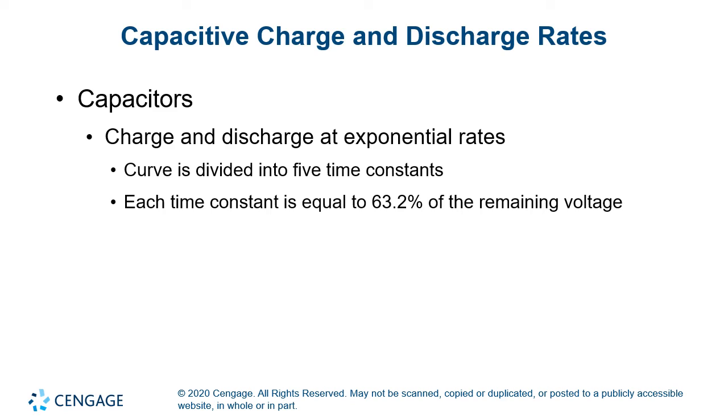So in the first time constant, you're going to change the charge by 63.2%. The next one, you're going to change it by 63.2% of what's left, 63.2% of what's left again and again. By the time you get done with the 5th time constant, it's close enough to the full voltage that we don't really have to worry about the small deviation there.